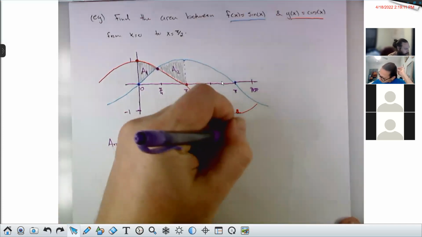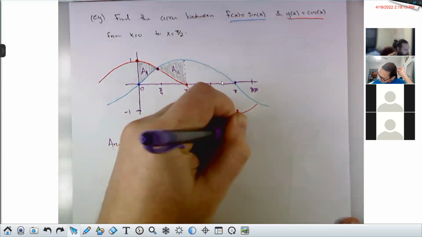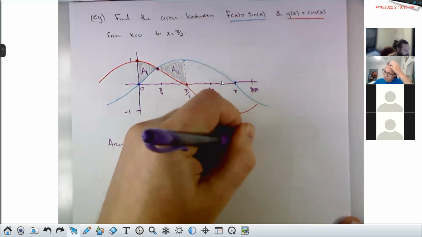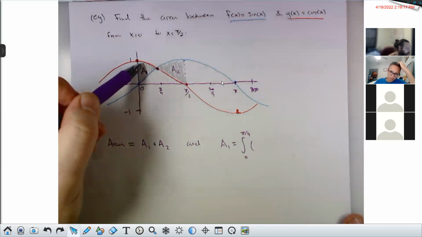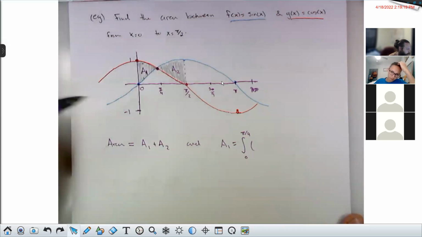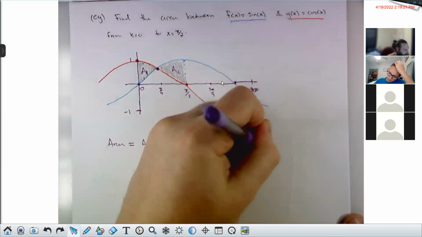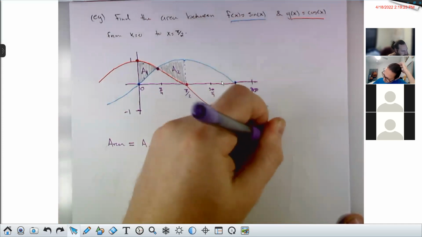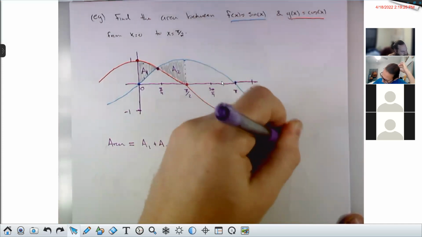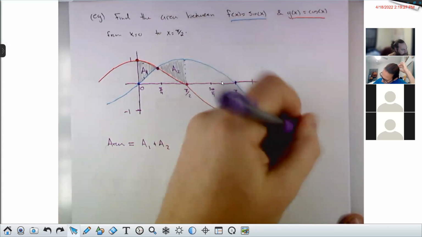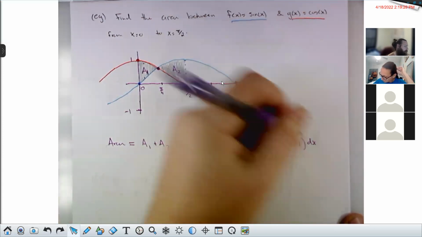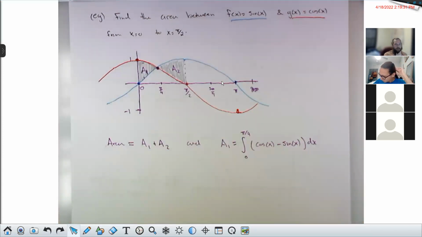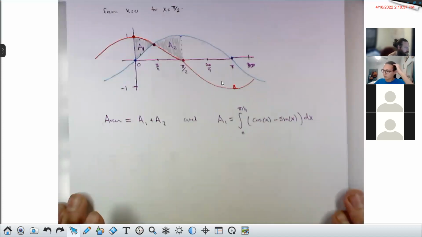So A1 would be the integral from 0 to pi over 4 of the upper function here minus the lower function here. The upper function is cosine and the lower function is sine. A2, I'll calculate in a second.